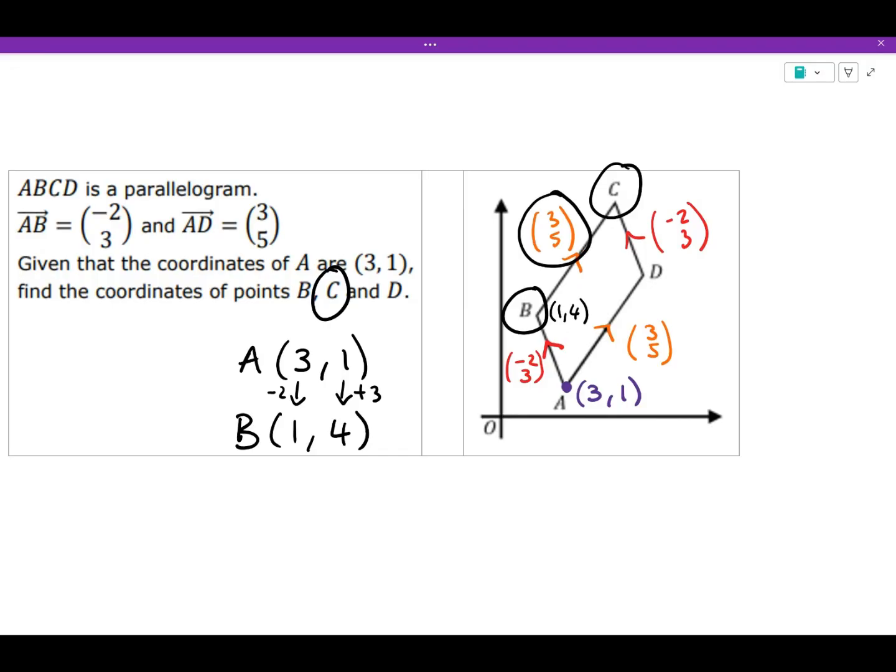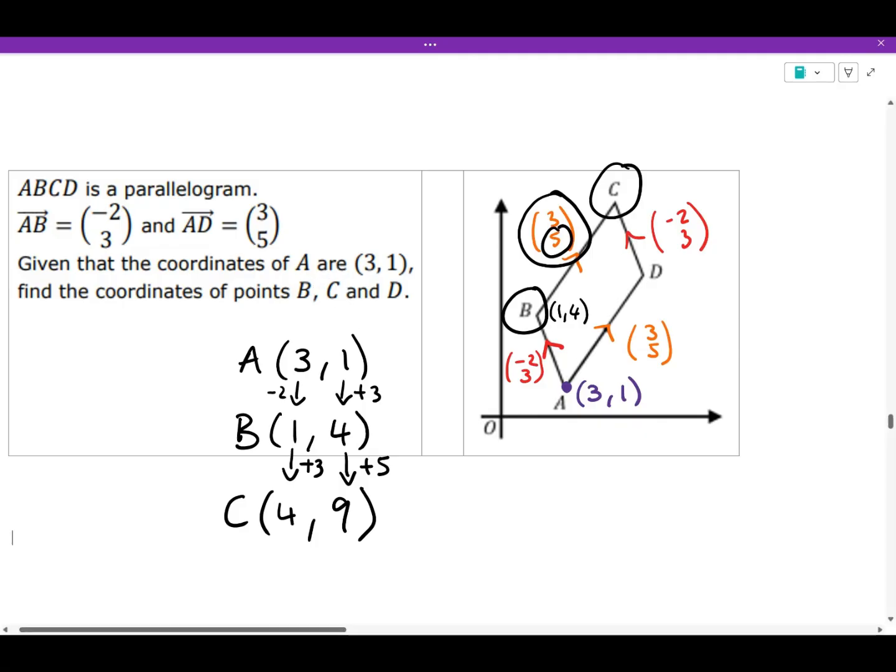So all I need to do is take the coordinates of B, 1, 4, and add on 3 to my x coordinate, which gives me 4, and add on 5 to my y coordinate, which gives me 9. So the coordinates of C would be 4, 9.